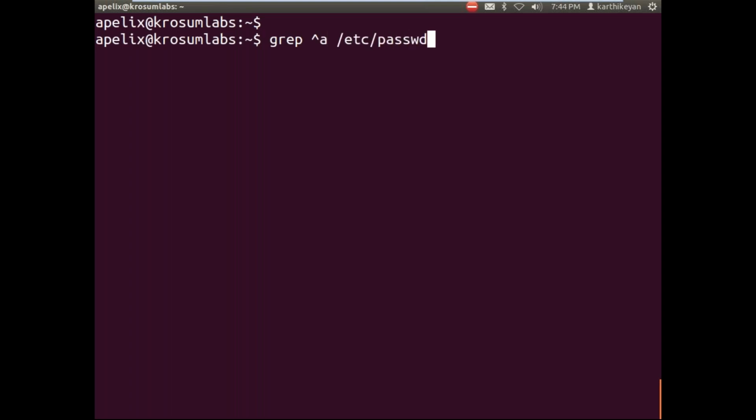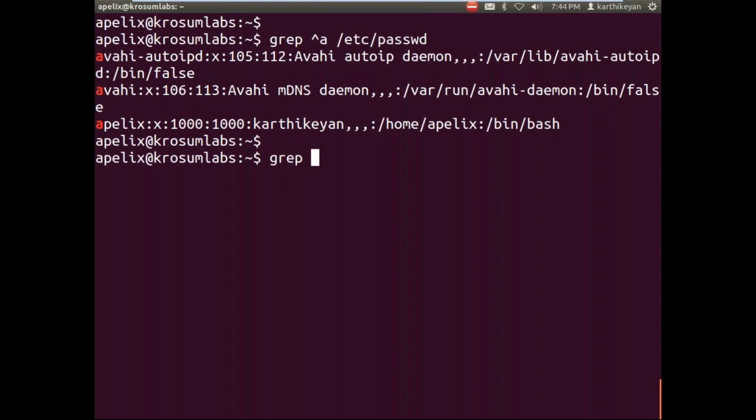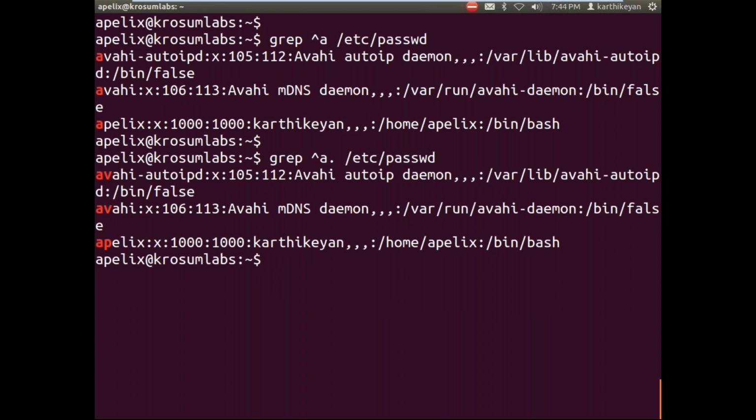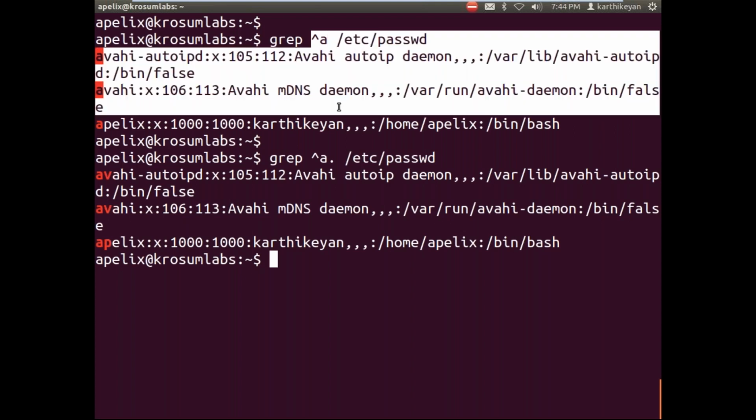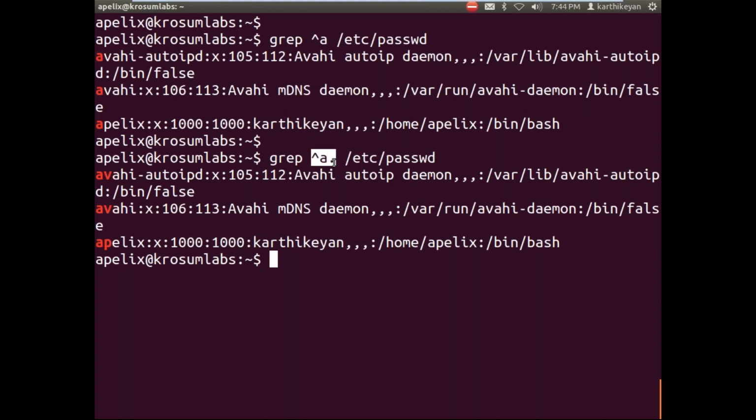Line starts with A followed by any one character. Now compare this output. Compare the reject pattern and the output. Here I have mentioned the line starting character is A. The next one is line starts with A with any one single character.